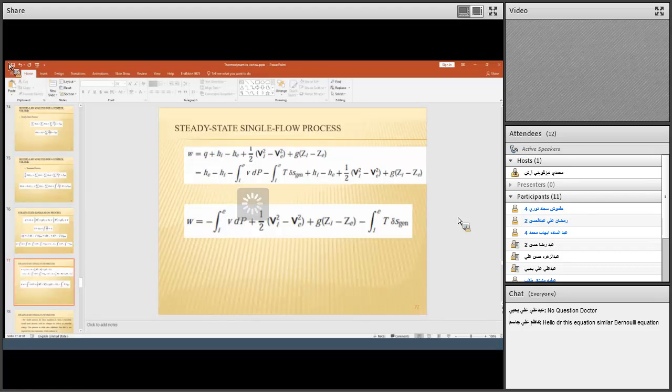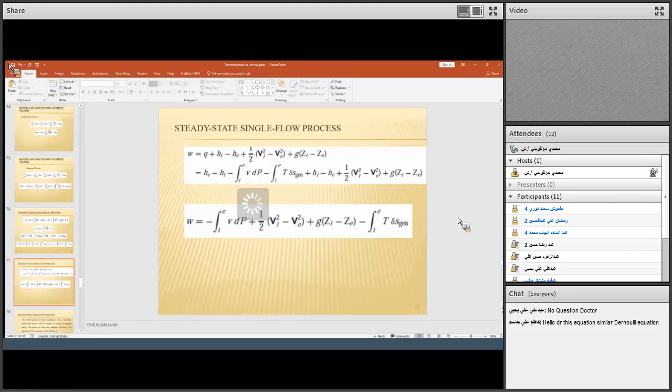So for a steady state single flow process, work is equal to heat transfer plus enthalpy at inlet minus enthalpy at outlet exit, plus variation in kinetic energy plus variation in potential energy.